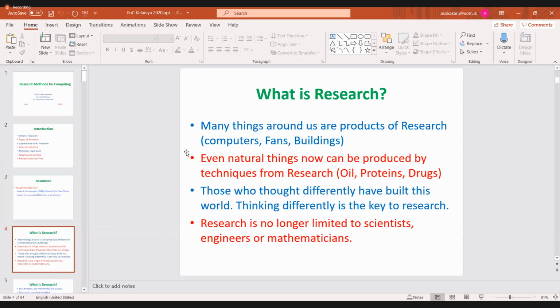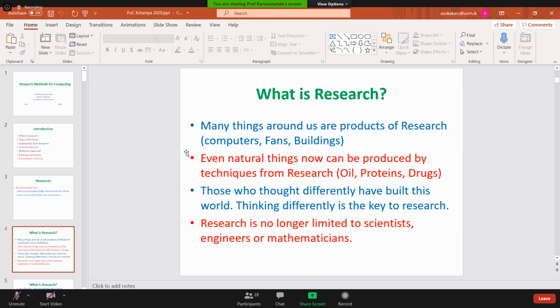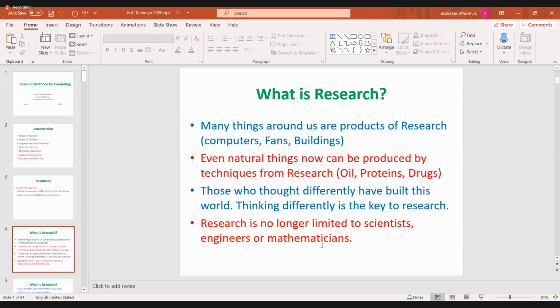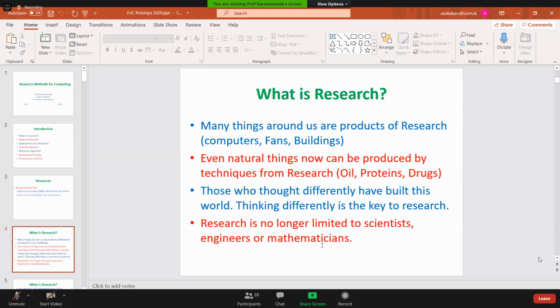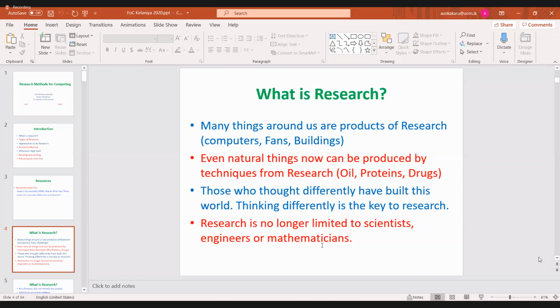One or two examples. One example about something that is already there in the nature, but we can generate it using our own research work. Any idea?